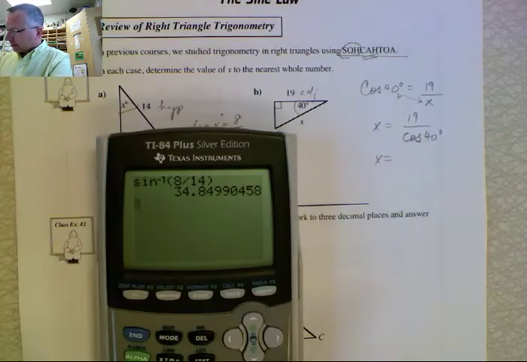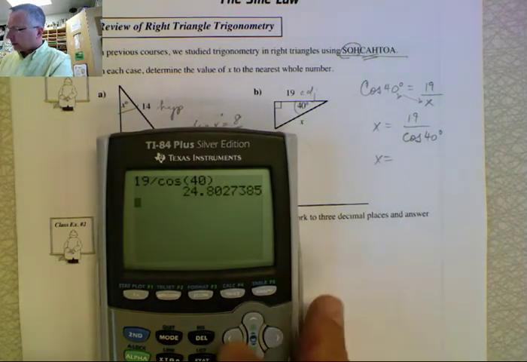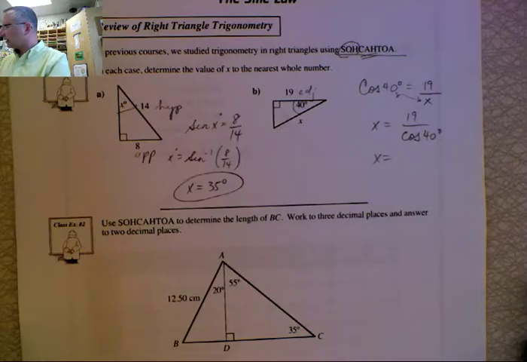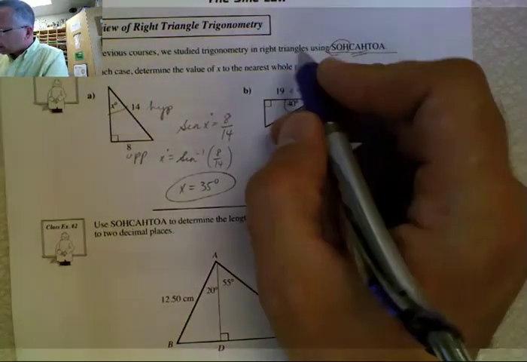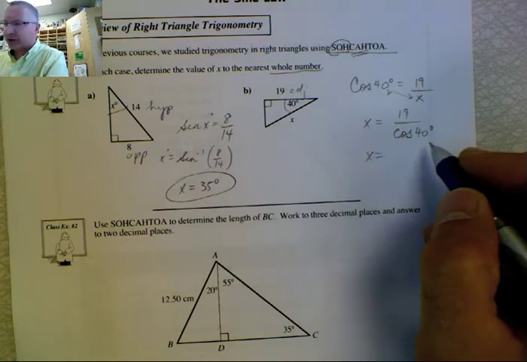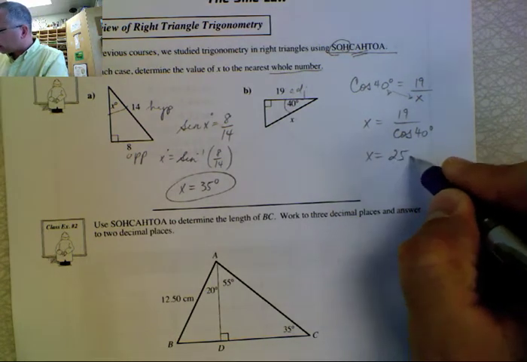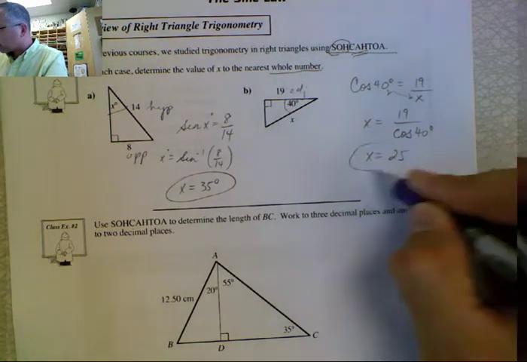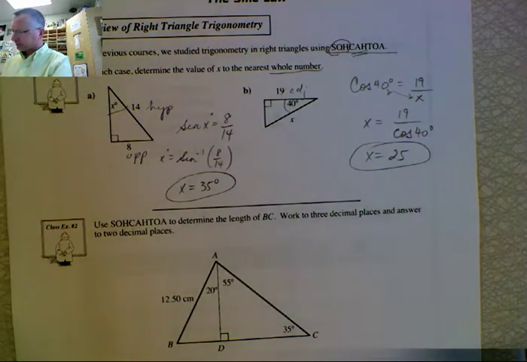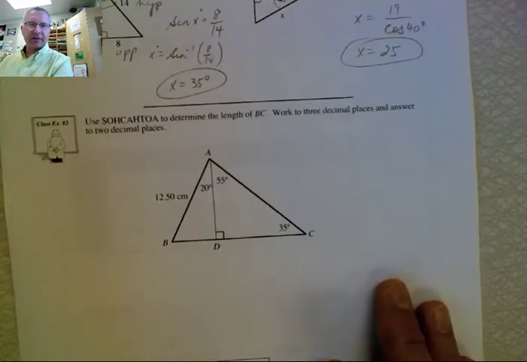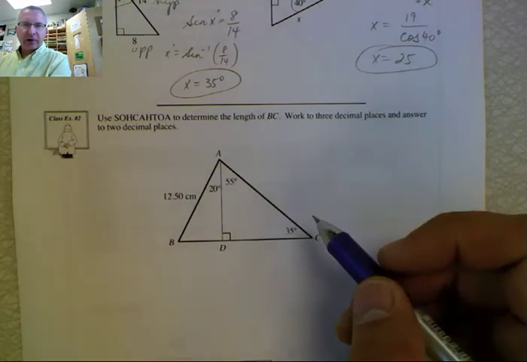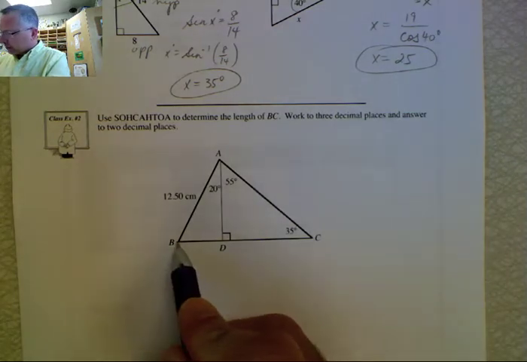So get out our calculator and go 19 divided by the cosine of 40. And we get 24.8 units, but it wants us to round to the nearest whole number. So that makes this 25 units.